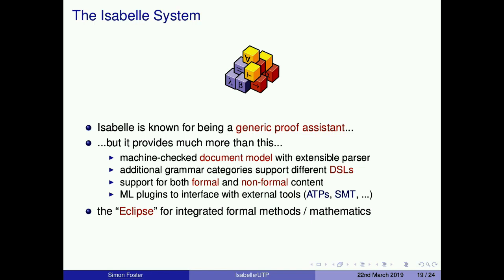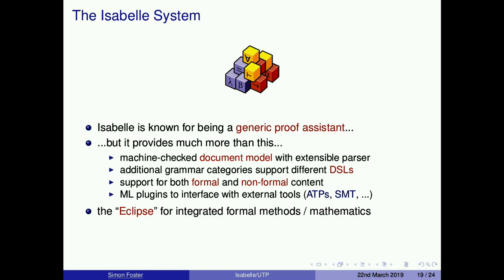Since Isabelle allows you to ultimately describe most things that you would expect to be able to describe in mathematics. So for instance, for hybrid systems, the example that Burkhart Wolff was showing, some brave person called John Harrison built an entire stack for analysis. And you can imagine what you need to do that.